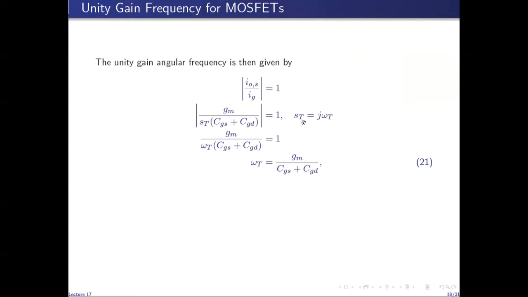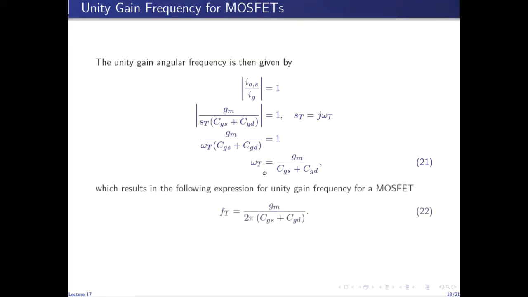At that frequency, we write omega as omega T and s as s T, and we solve for the magnitude, which is gm over omega T times (Cgs plus Cgd). Omega T is then given by the ratio of gm to Cgs plus Cgd.